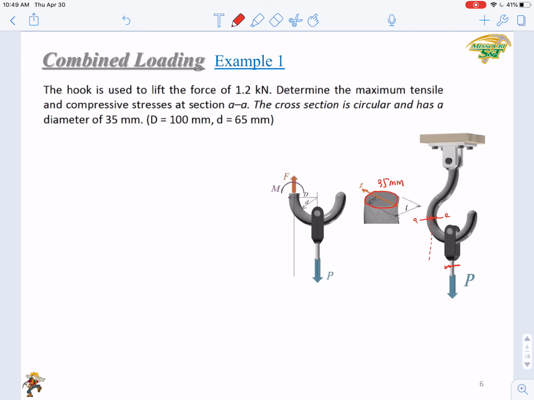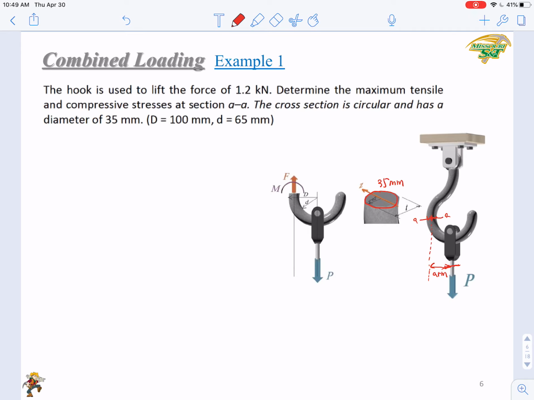You can see that between the axis and P, we will have an arm, right? The distance is the arm. So this P, apart from generating a normal stress, it will also generate a bending moment to this cross section, right?